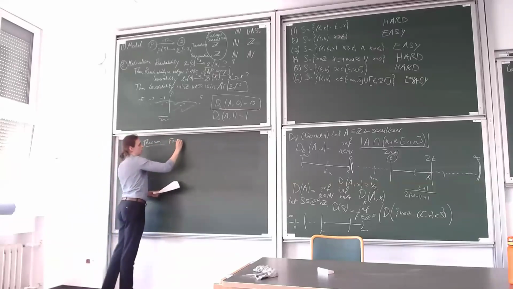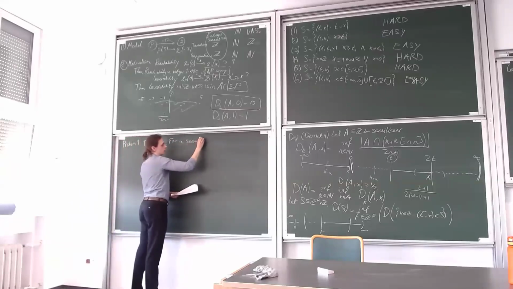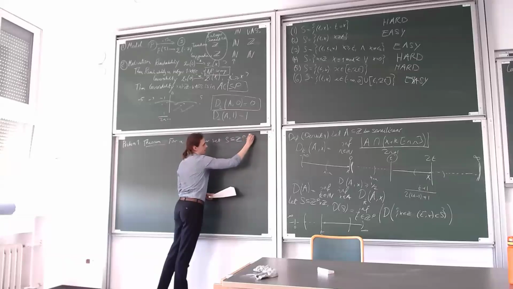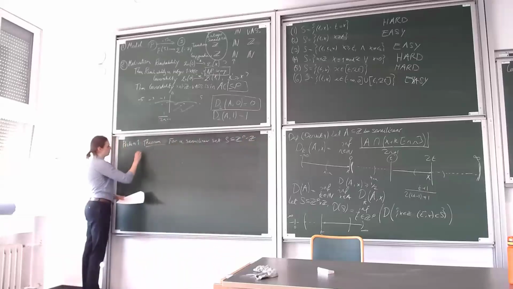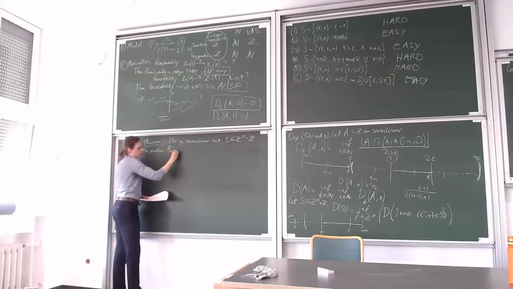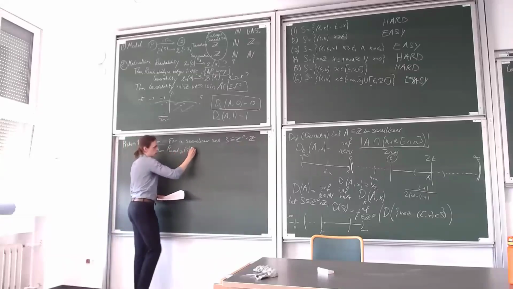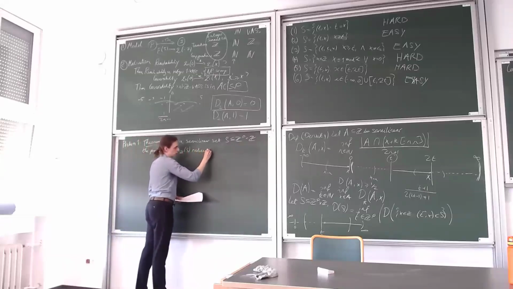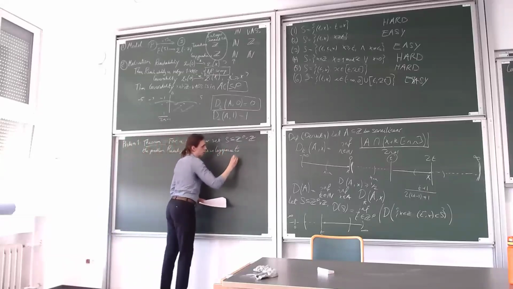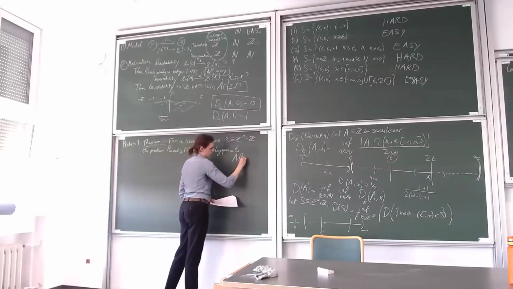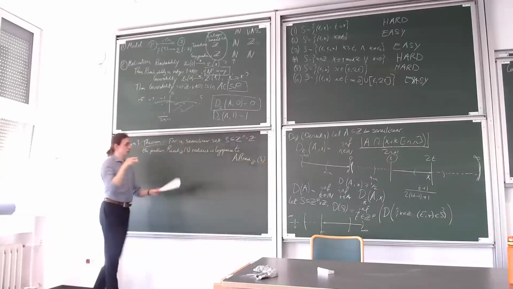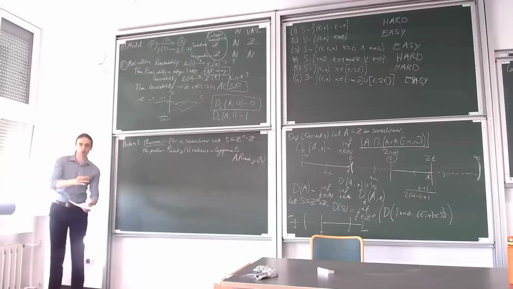So for a semilinear set, the problem where the only difference between reach and AC reach is that the import also must be acyclic.